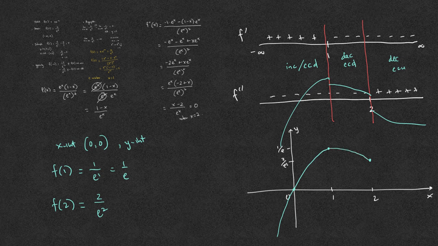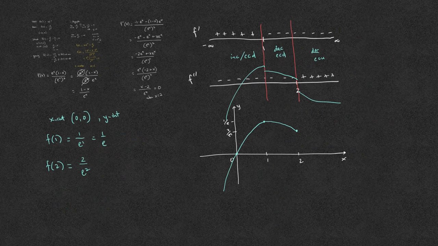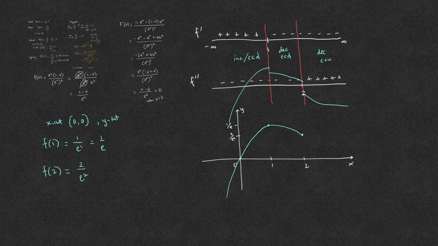From 2 to infinity, the function is decreasing and concave up, and it has to stay close to the horizontal asymptote y equals 0. So after 2, the function is decreasing and concave up, but it will never hit 0 or go back up again.